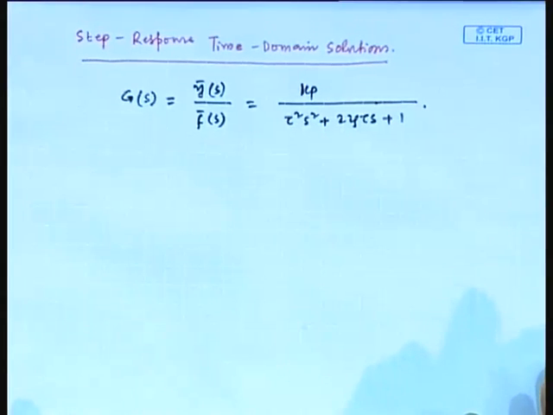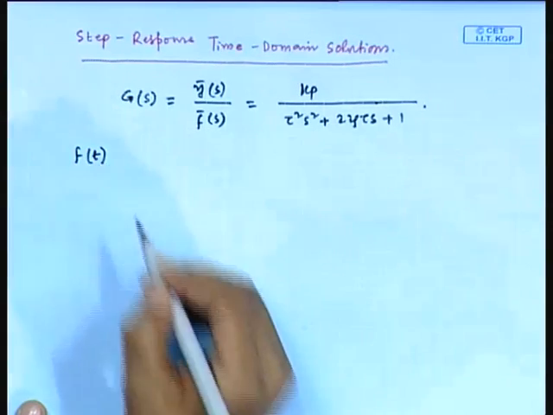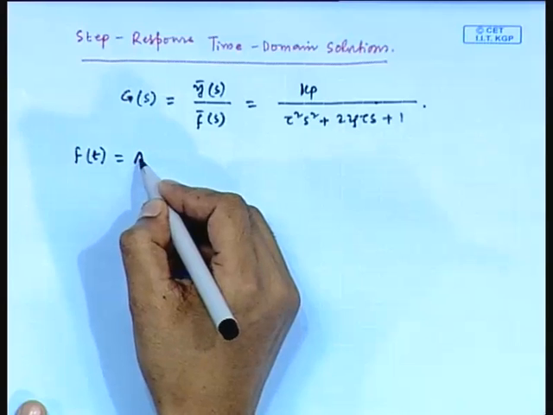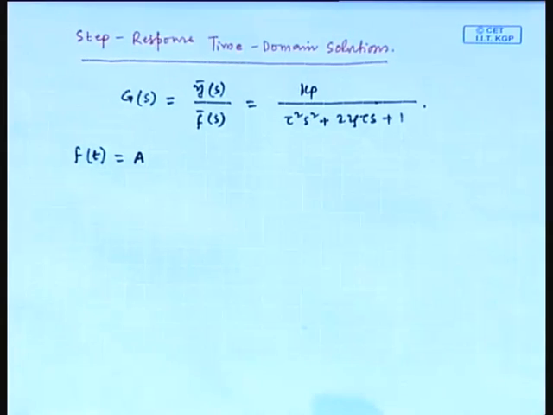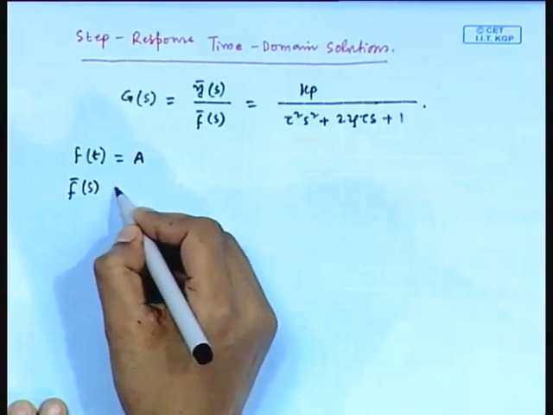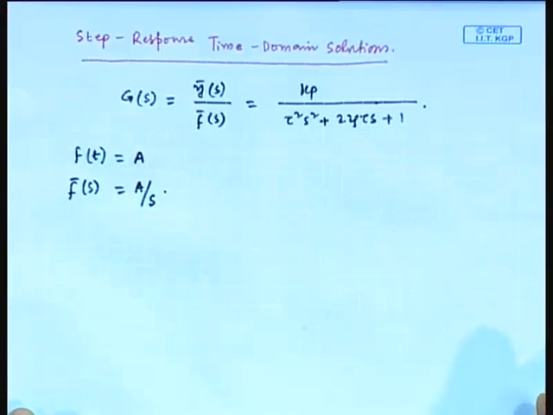Now, we will consider a step change in input variable. Input variable is f(t). If we consider step change with a magnitude of a, that means f(t) equals a, and in Laplace domain we can write this as a divided by s.